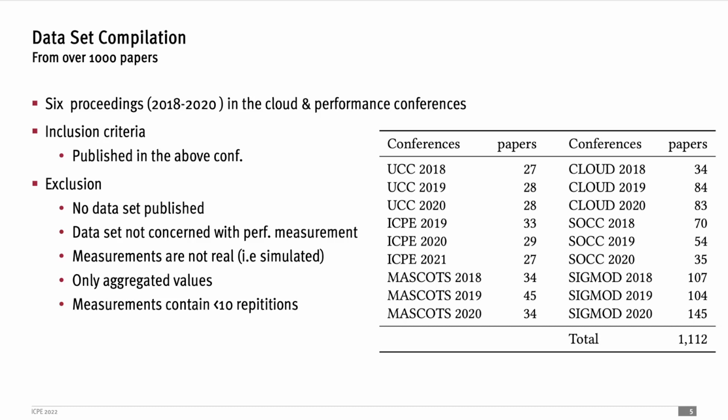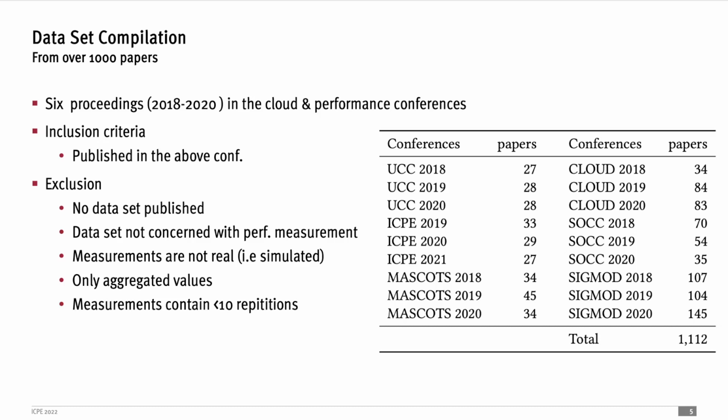So we basically excluded papers that did not publish any data. We excluded papers that did not concern themselves with performance measurements, or where the measurements were not real, i.e. they were, for example, simulated. We excluded work that only presented aggregated values and not time series data. And of course, we excluded papers that did not perform enough repetitions of their measurements.